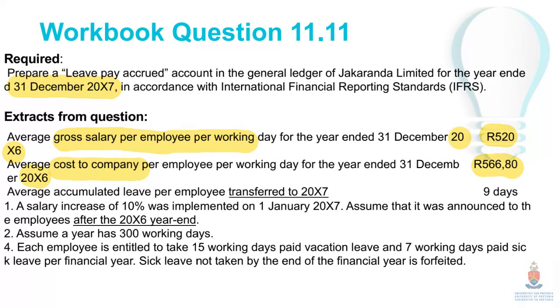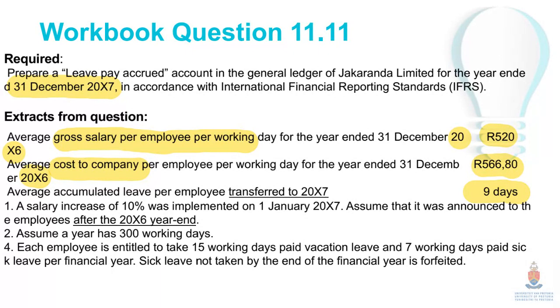It's telling us about the beginning of that year. It's transferred into 2017. So that amount is going to be the opening balance of 2017. Right? So therefore, it's the opening balance. And how much is that? It's 9 days, but 9 days per employee. Remember, the average accumulated leave per employee is 9 days.